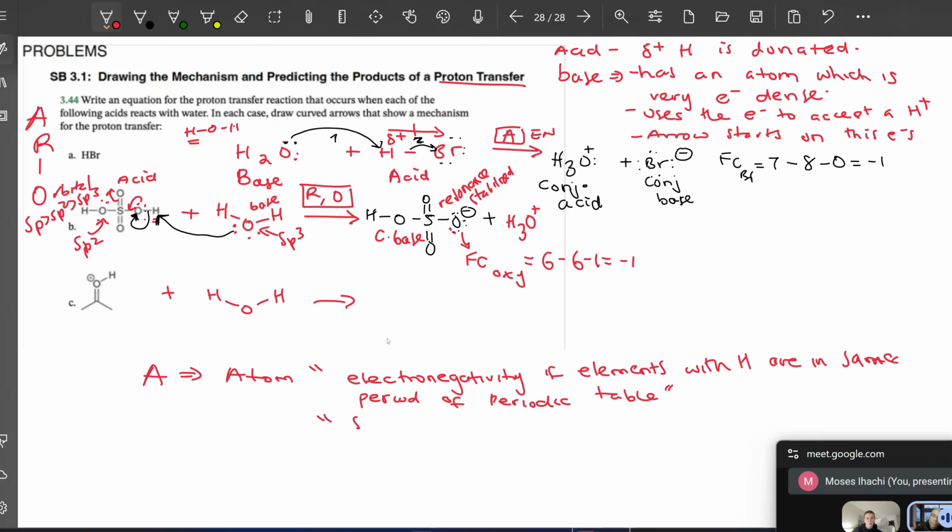Alternatively, you're going to use size as the A factor if the atoms of the elements connected to the hydrogen are in the same group of the periodic table.